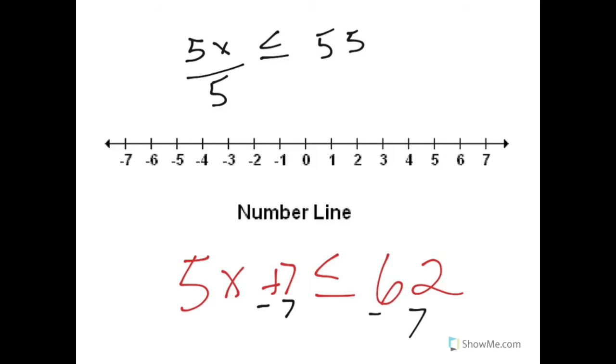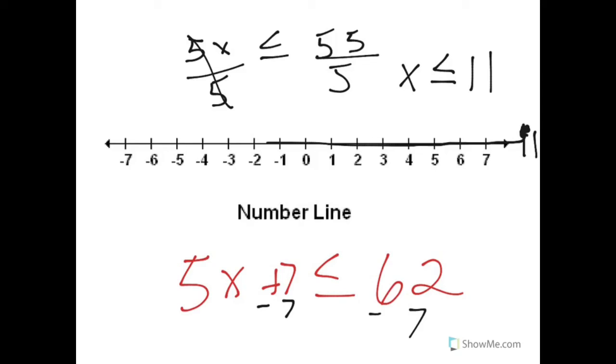It's multiplication, so we're going to divide to cancel that out. Divide over here, and we end up with x is less than or equal to 11. Obviously this number line doesn't go to 11, but we would go up to 11. It would be a solid circle, and then we would come down, because it's everything that is less than, and we would continue on and on. So 11 would be included because it says equal to.